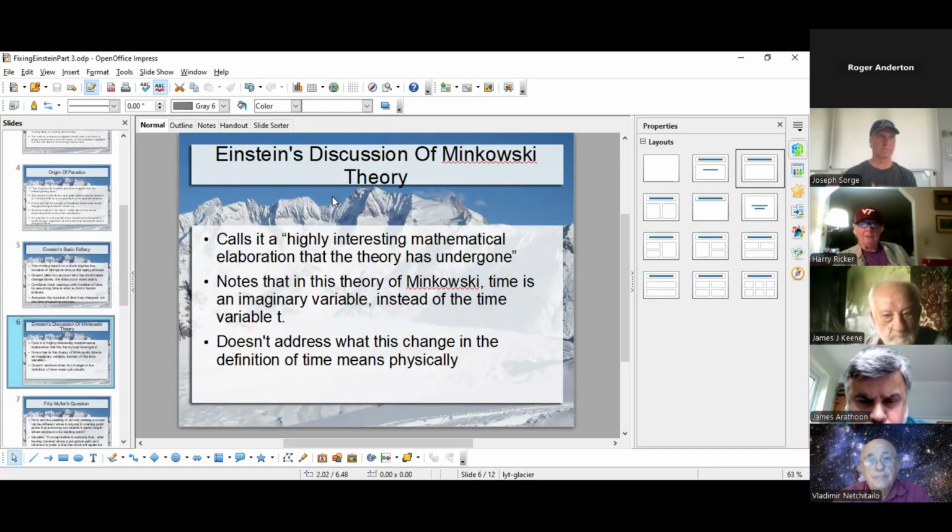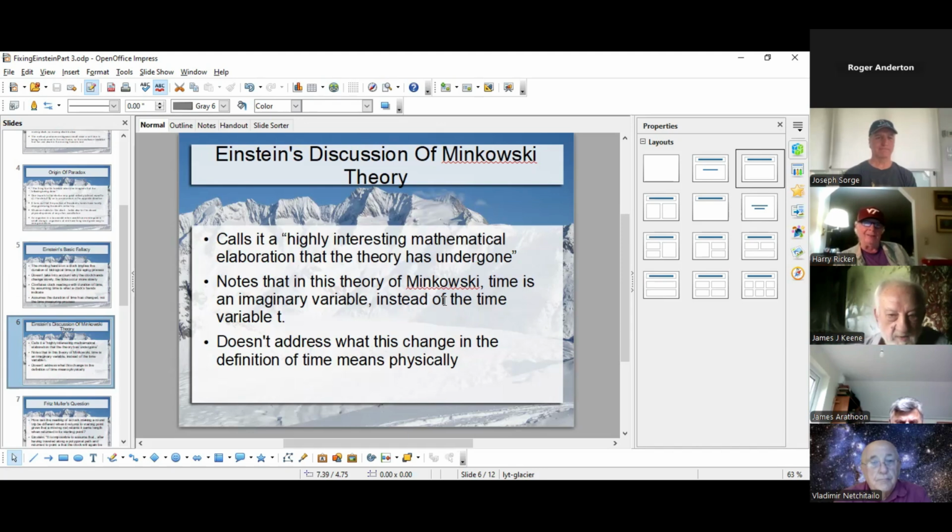Then here, in this paper, he goes on to talk about Minkowski's theory. Okay, and Minkowski at this point has proposed his theory of space, which we now call space-time. He calls it a highly interesting mathematical elaboration that the theory has undergone. So he said, highly interesting mathematical elaboration.